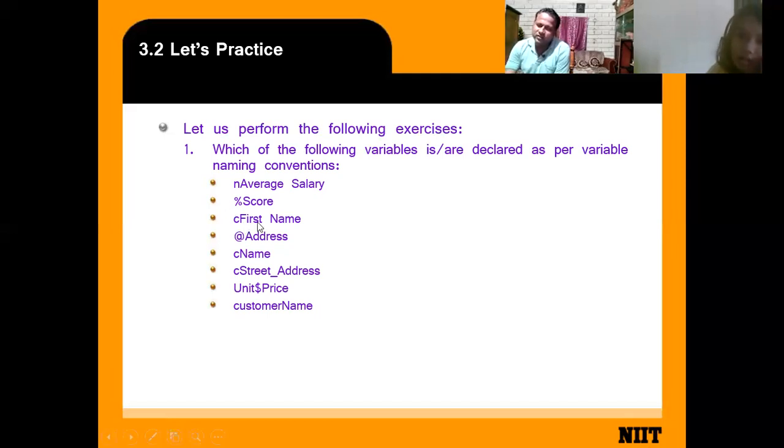Now the third one. It is incorrect. Now the fourth one. It is also incorrect. Now this C name. It is correct.